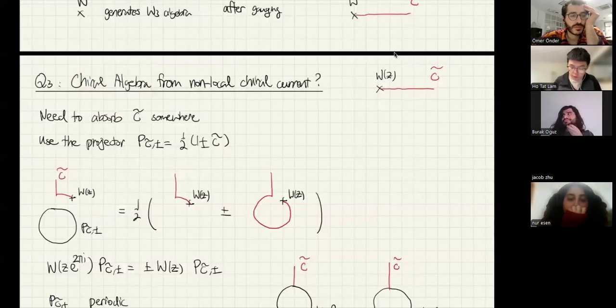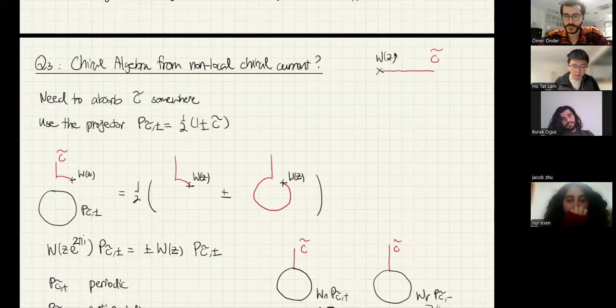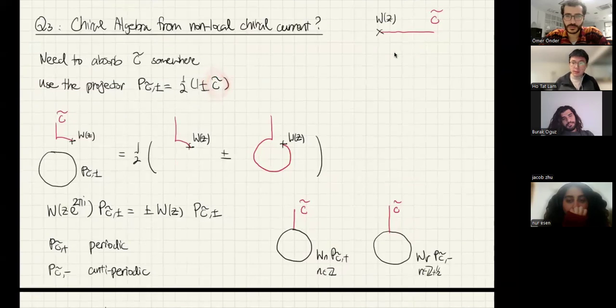If we want to build a chiral algebra out of them, we need to find a way to absorb the lines they are attached to, these C tilde lines. And this, in fact, can be done using projectors. We can build projectors out of these C tilde lines by combining the identity with C tilde.